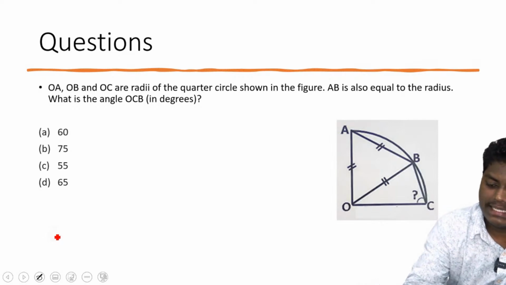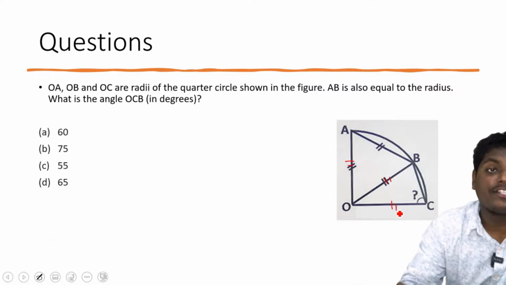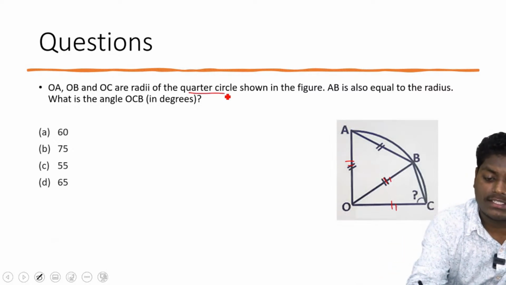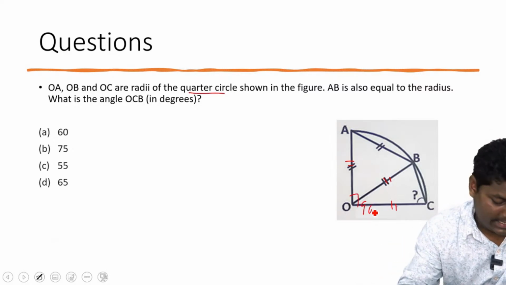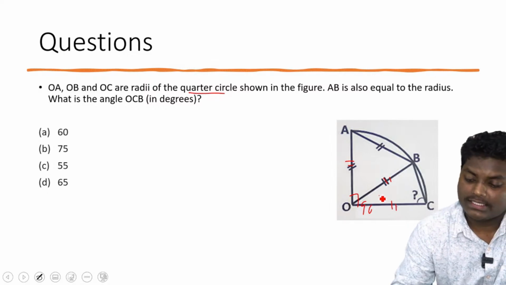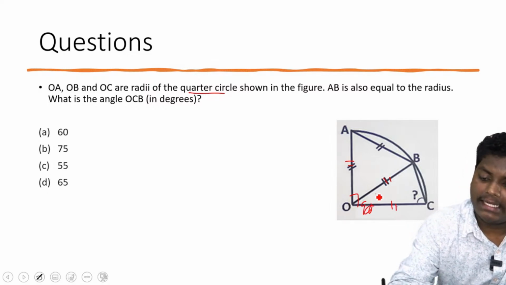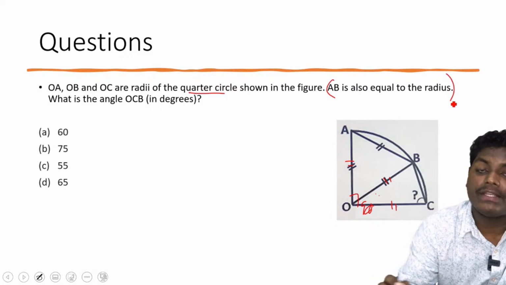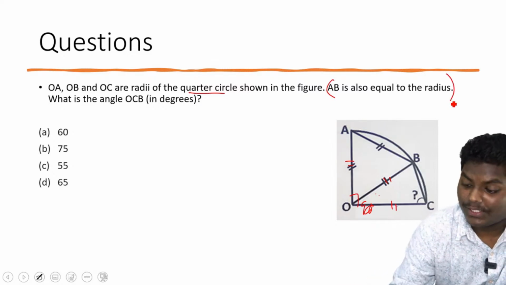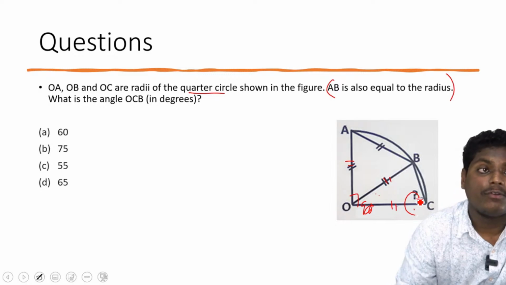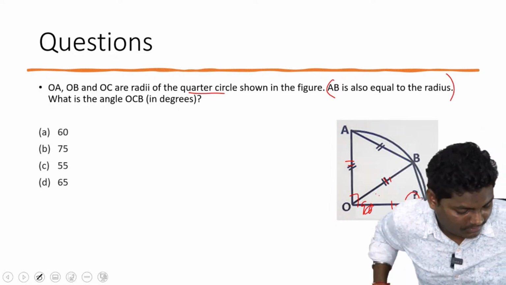They are saying that OA, OB and OC are the radii. As you can see, it's a quarter circle, so this angle will be 90 degrees. They have also given us that AB is the radius. We want to find this angle. Try this out.